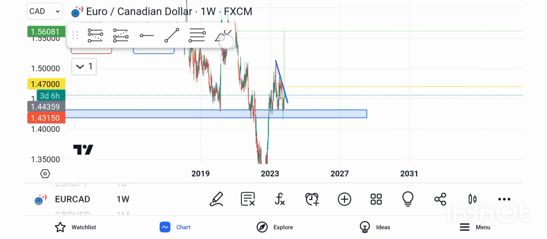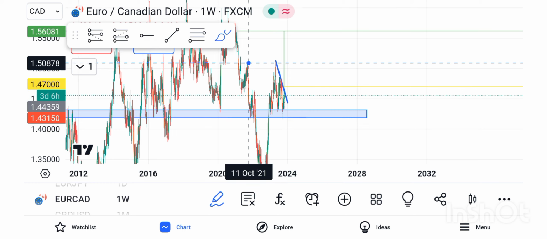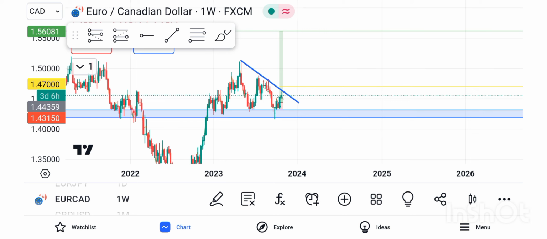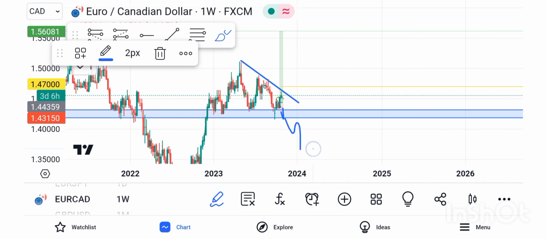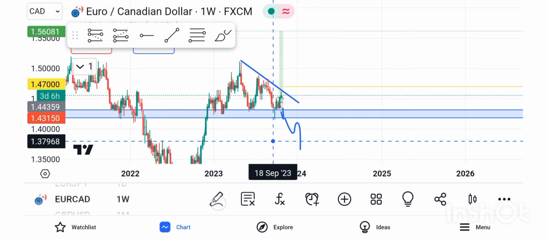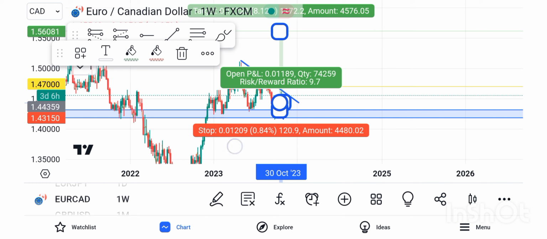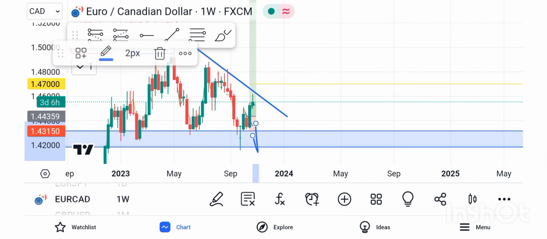Now if this head and shoulder structure holds, we'll look for a selling opportunity. So what we are going to experience is it's going to break this support, then retest it, change it to a resistance and then sell. But until then, like we said, it's a buy for us. So we'll be watching the pair to see how it reacts off of this.